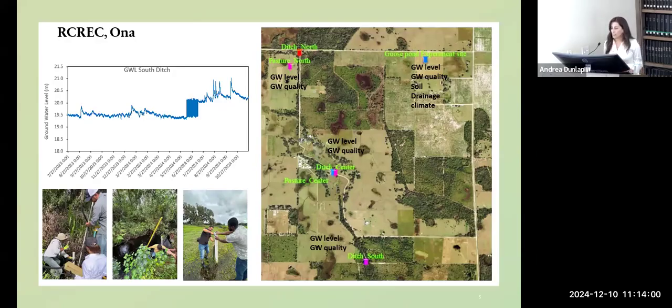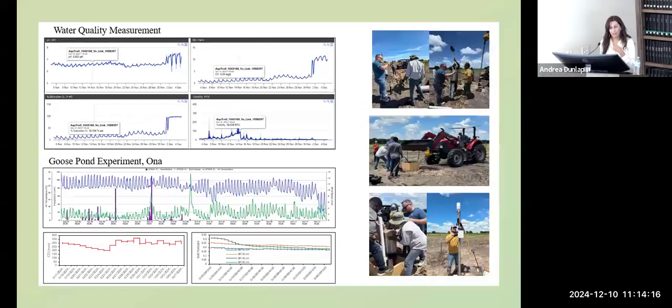In addition to that, the other instrumentation that we have done is close to Goose Pond Road, where we have an experiment site. In that site, we have completed the instrumentation. We did it this summer, and we started to get the data from September.